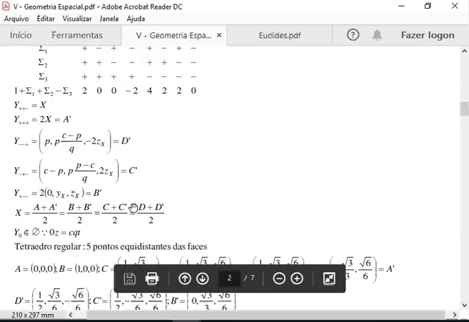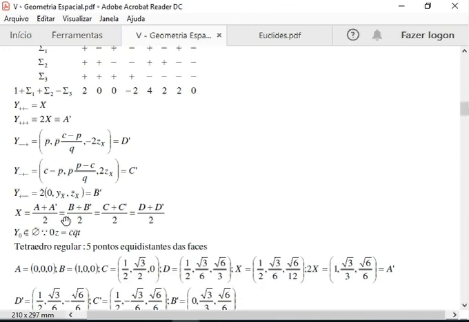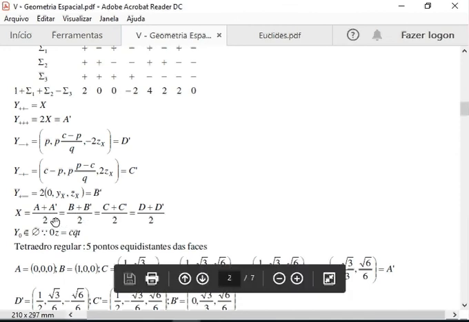And we get D line, C line, B line, where X is the middle point of A and A line, X is the middle point of B and B line, X is the middle point of C and C line, X is the middle point of D and D line. It's a miracle. The numbers do not lie.